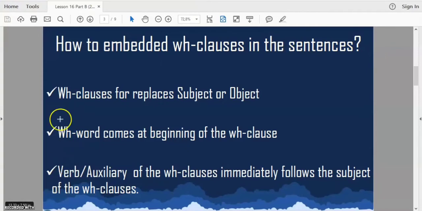There are three parts: WH clauses replace the subject or object, the WH word comes at the beginning of the WH clause, and the verb or auxiliary of the WH clause immediately follows the subject of the WH clause.